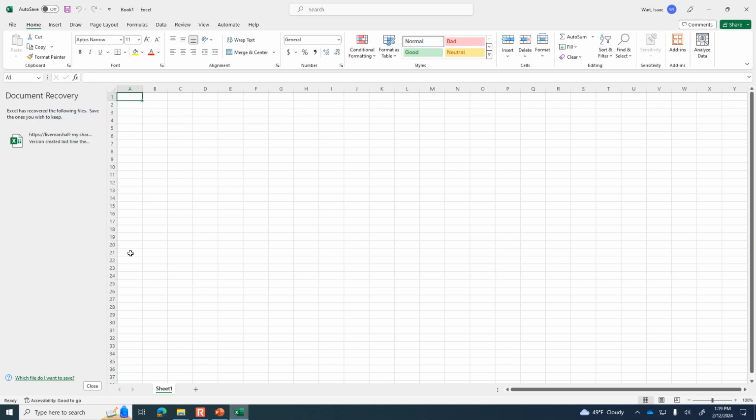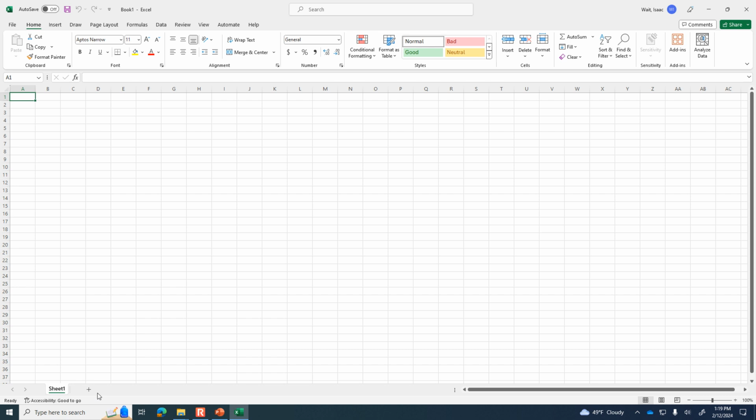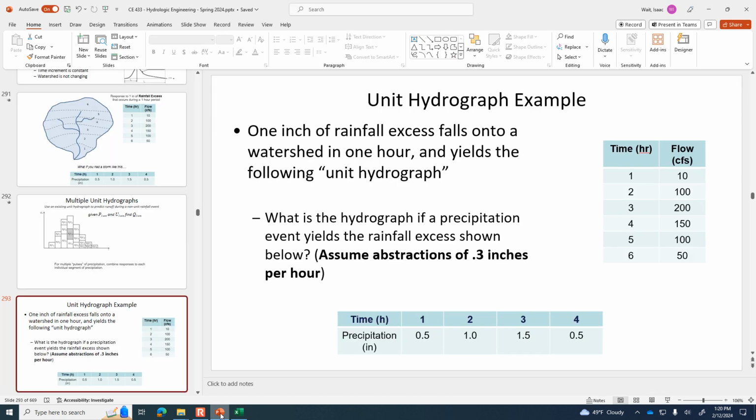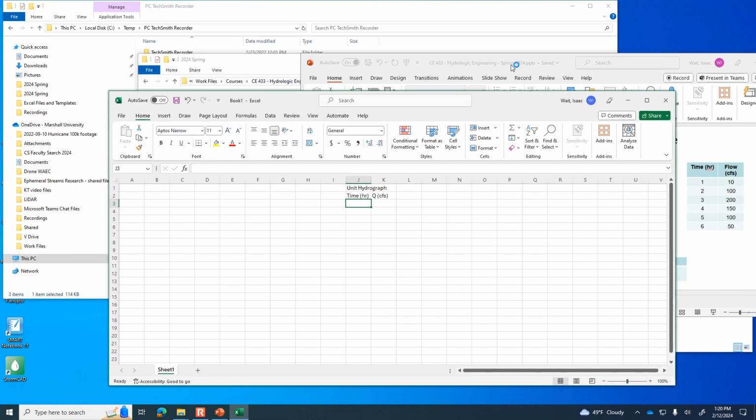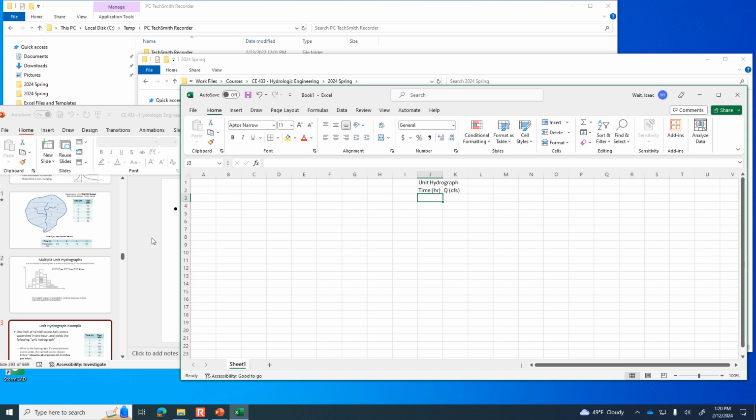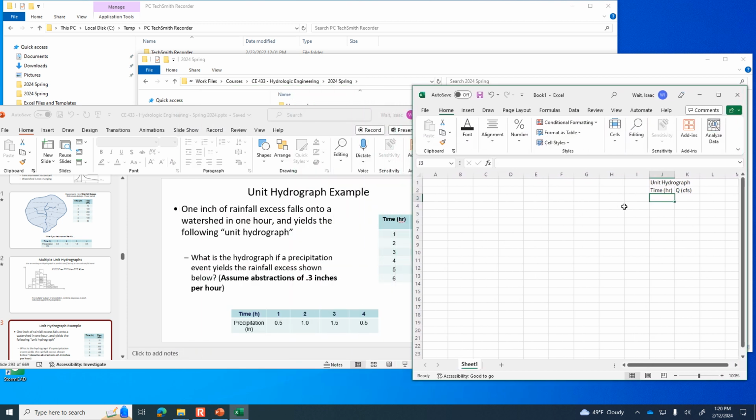Okay, so what we want to have is the precipitation and the unit hydrograph. So let me type in the unit hydrograph off to the side here, and we're going to have time in hours and Q in CFS. All right, so at time 0, there's no runoff.